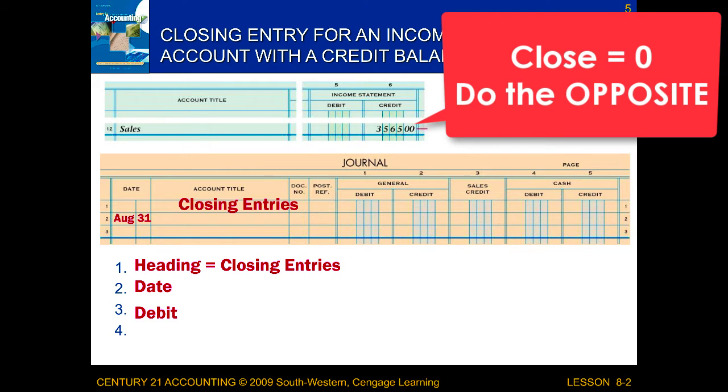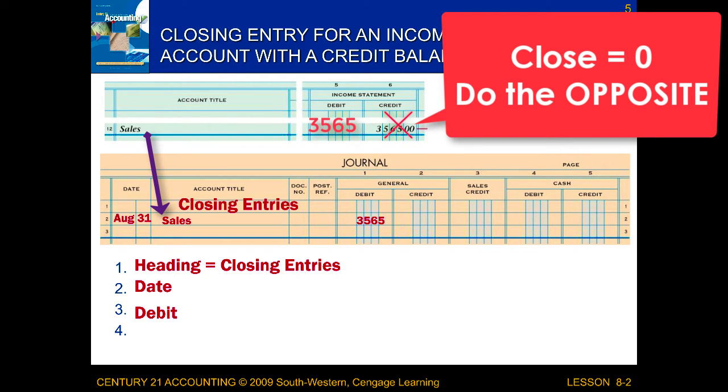So I would need to debit my sales account $3,565, because remember, if I have a debit and a credit, I subtract those amounts. If I had a credit and a credit, I would add, and all of a sudden my sales would be like 7,000 something. But I want to make it zero because I'm closing it out and it's temporary. So I'm going to do the opposite of whatever it is. So sales is going to become a debit, $3,565.